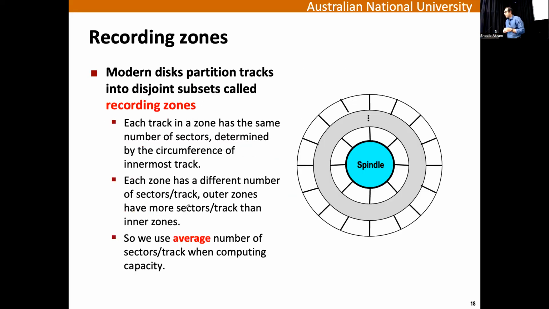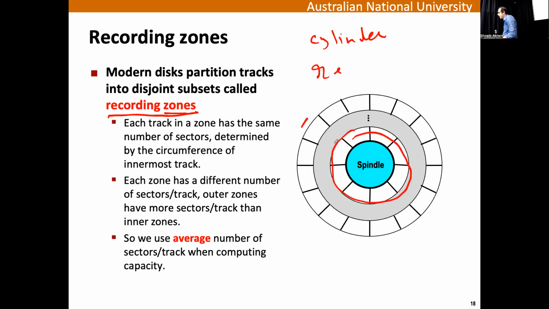Okay, so to get over this inefficiency, today we divide the cylinders into disjoint recording zones, and within each zone, all the tracks have the same number of sectors, and the number of sectors is defined by how many you can squeeze in the innermost track. And then outer tracks now have more sectors than inner tracks.